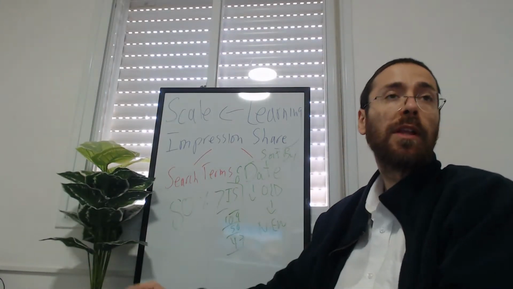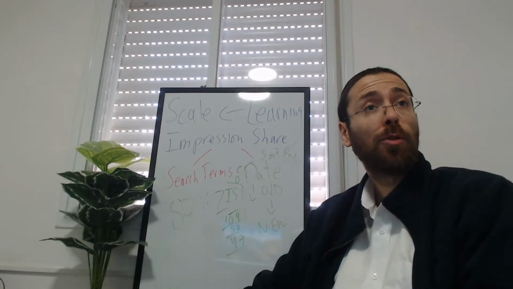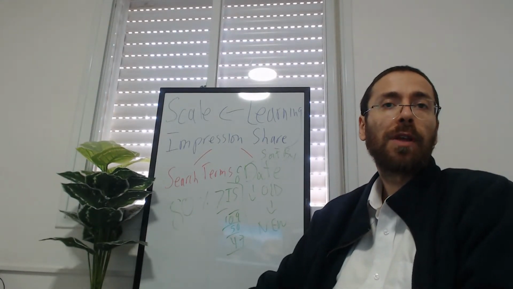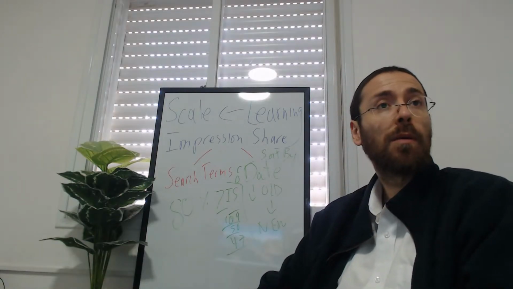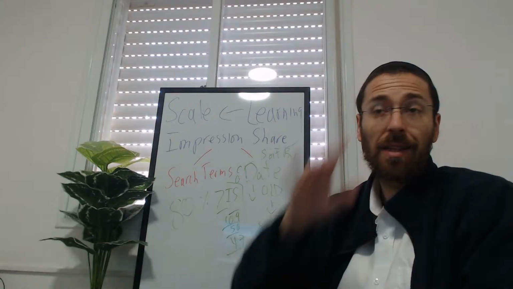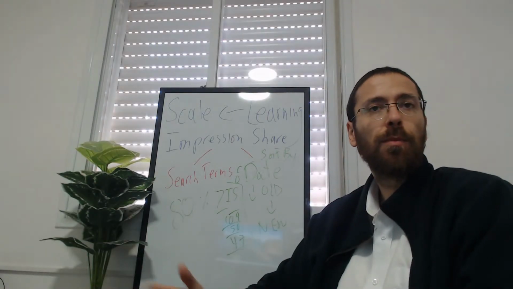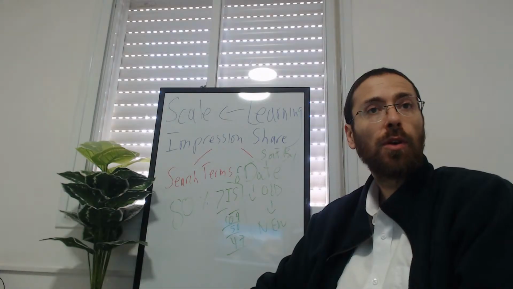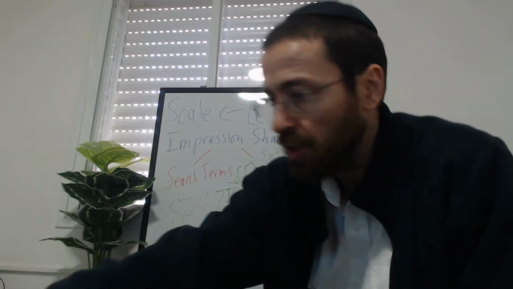So this is a really useful place to find opportunities to scale, because if you're getting, for example, 20% of the impression share and your ACOS is not already at the ceiling that you're willing to tolerate, then boom, you found an opportunity to increase your sales pretty easily just by raising the bids.